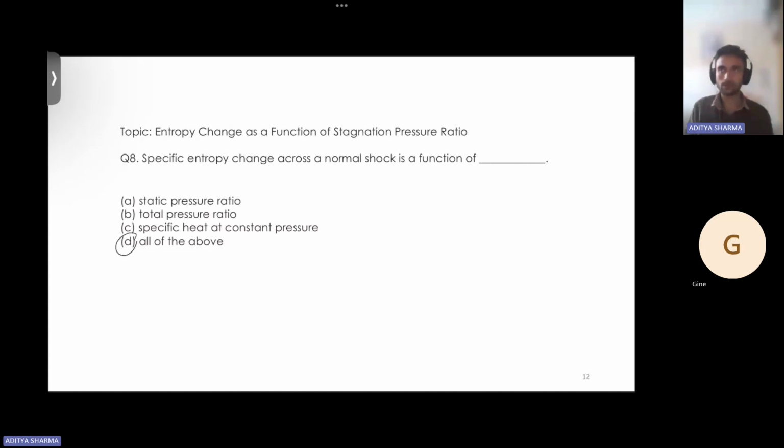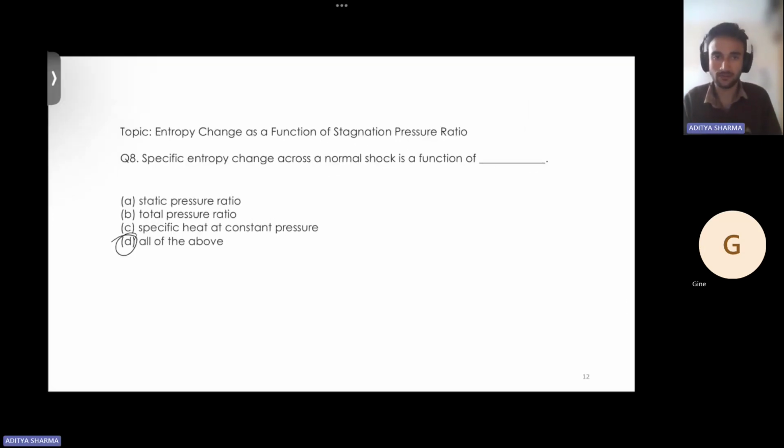very straightforward from the formulae only of this entropy change, all right? So I've already written it. Oh sorry, I'll just do a recap. So two expressions I had written.